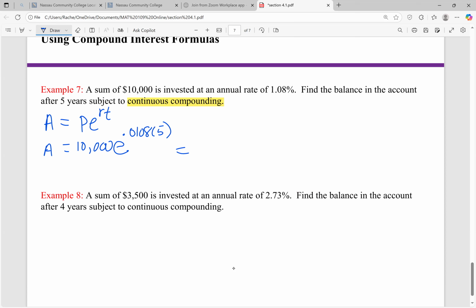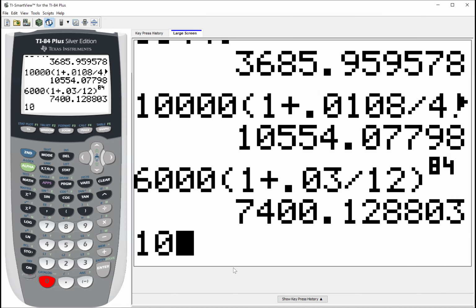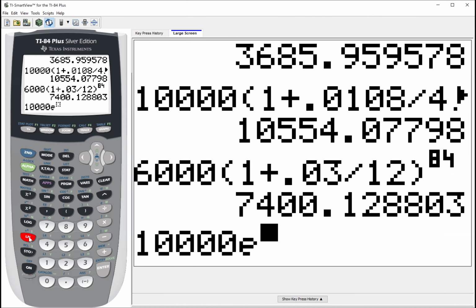So we have 10,000 times e to the 0.0108 times 5. Remember how I showed you to pull up e before with the exponent? So second and then the ln key. So we have e now raised to the, now we're going to type in 0.0108 times t, which is 5 in this case.